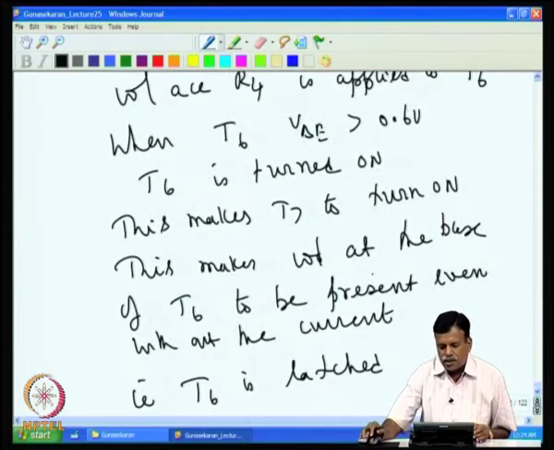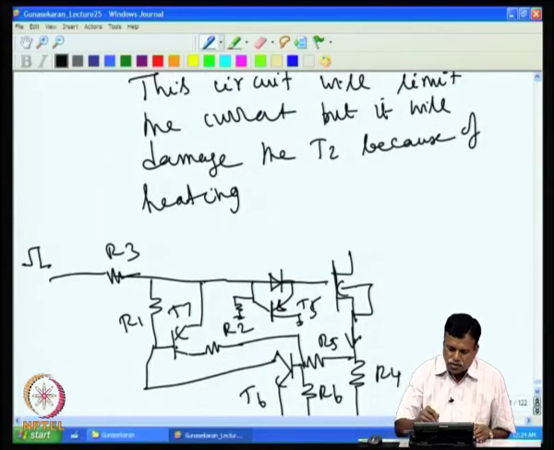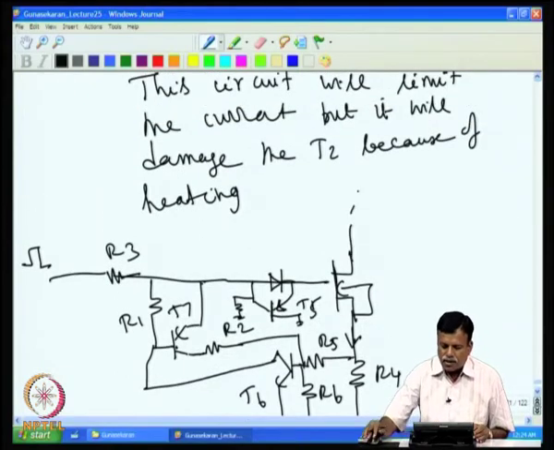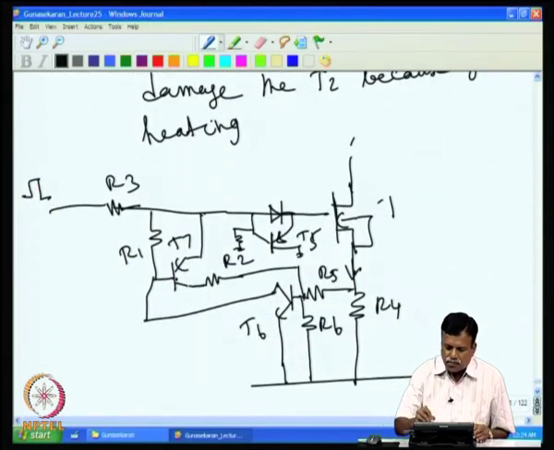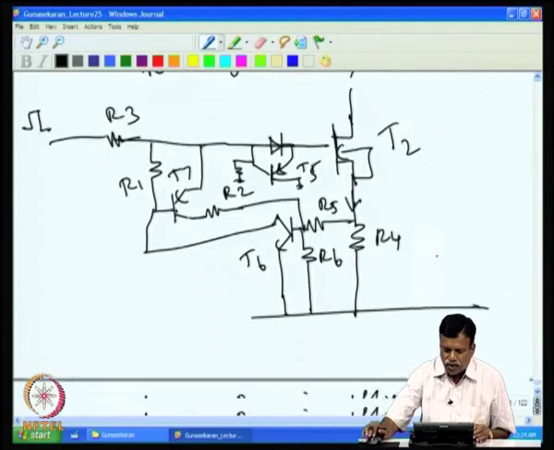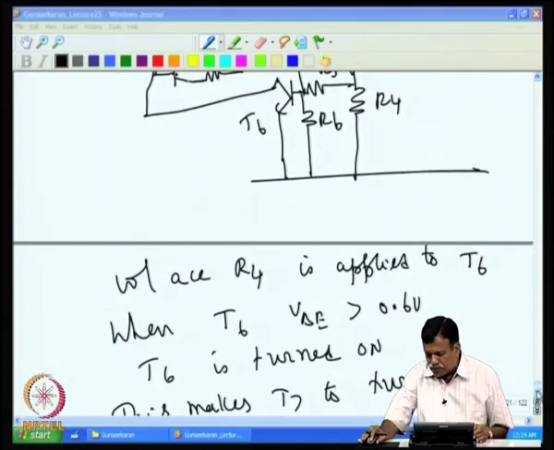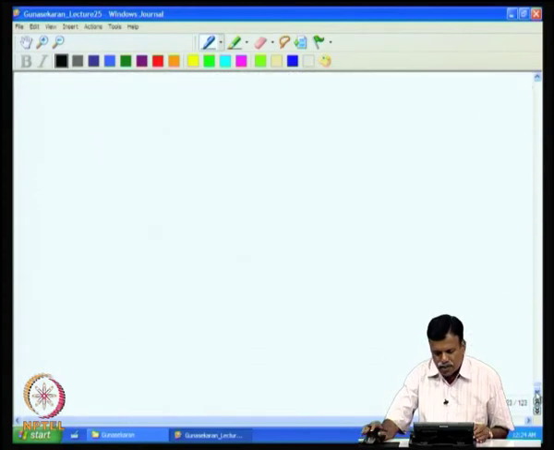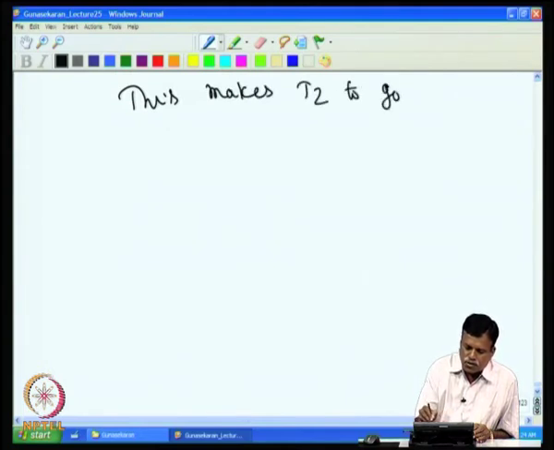That means our power transistor, I think this power transistor is named T2. So, the power MOSFET T2 will be off. This makes T2 go off.